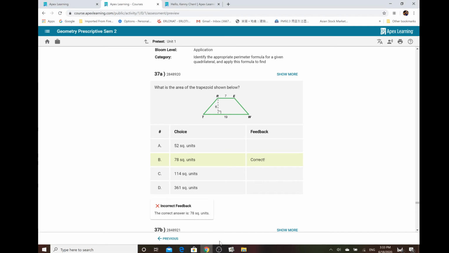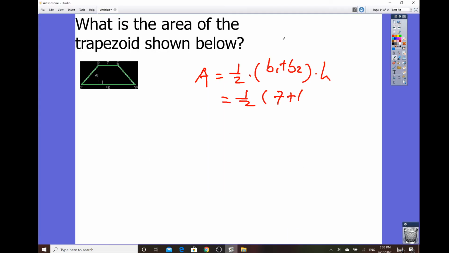No, 19. And the height is 6. So 1/2 times 6 we do have 3, and 7 plus 19 we do have 26. So 3 times 26: 6 times 3 is 18, 3 times 2 is 6, plus 1, so 78 square units.